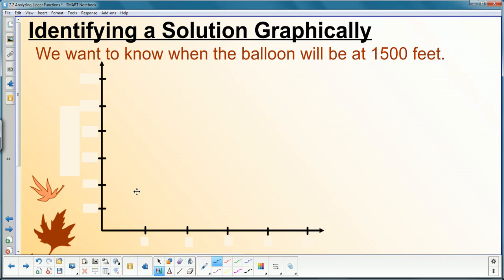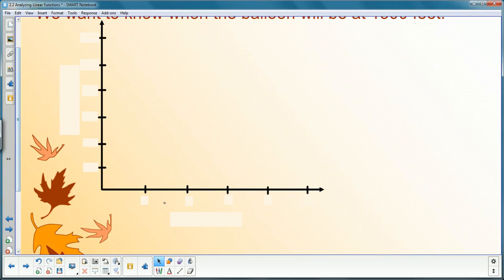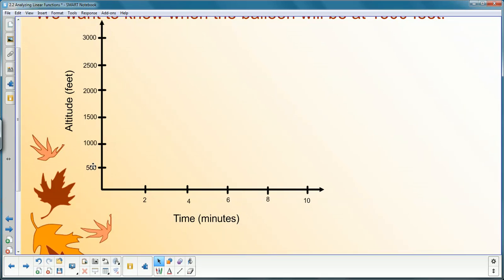Okay, another way to look at this would be to graph. So if I'm going to start my graph, I'm going to label my x and then my y-axis. Since I had minutes all the way up to 8, I'm going to count by 2s and label these 2, 4, 6, 8, and 10. On my altitude, my highest was 2,600, so I'm going to count by 500s and go all the way up to 3,000.